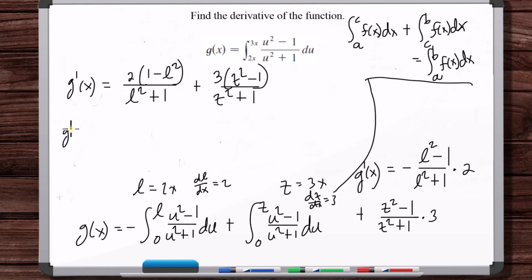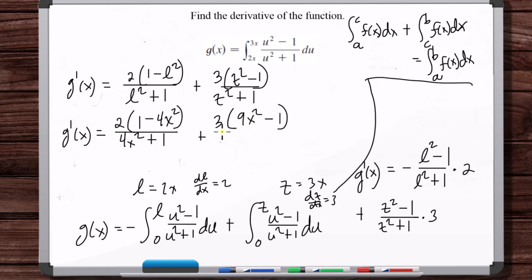Okay, so g prime of x is equal to, I'm going to distribute the 2 here. So 2 times 1 minus, what is L squared? 4x squared over 4x squared plus 1, plus 3. Okay, what is z squared? That's 9x squared. There you go. There's g prime of x.